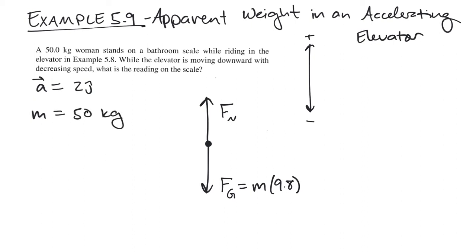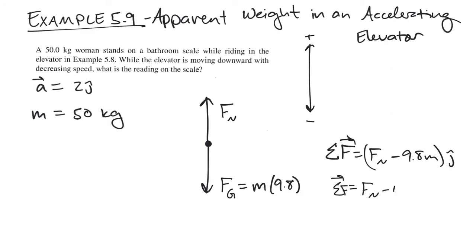So what Newton's second law says is we can sum these forces. We've got the sum of forces equals the normal force, which is positive, minus 9.8 times the mass, in the j hat direction. We can go ahead and do the 9.8 times the mass. That's 490. Sum of forces equals normal force minus 490 j hat.